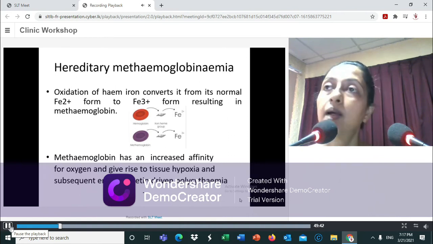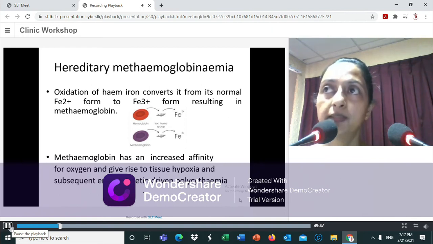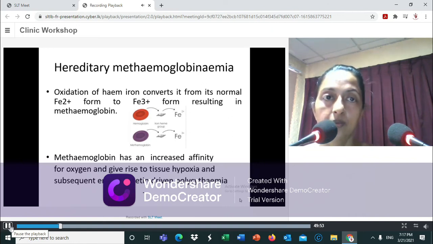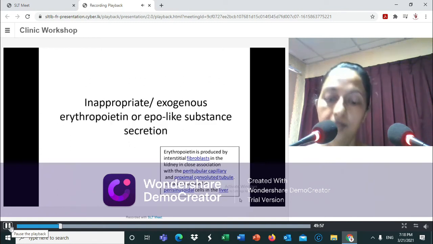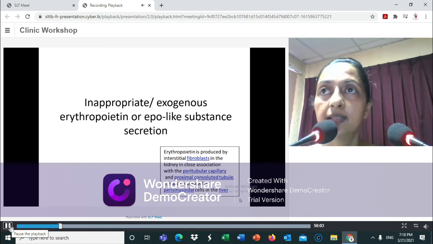So this gives rise to tissue hypoxia and cyanosis and subsequent erythropoietin-driven polycythemia. Right? So these are the causes of hypoxia-driven erythropoietin increase and polycythemia.